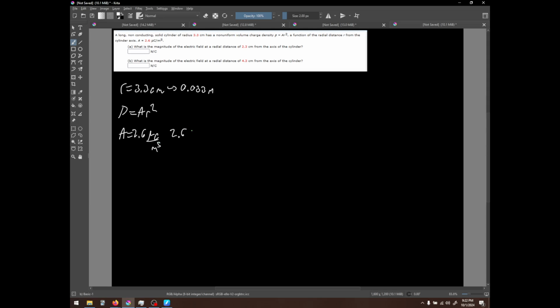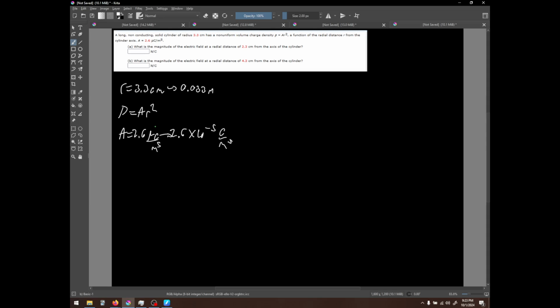So this is going to be 2.6 times 10 to the negative fifth coulomb per meter to the fifth. I hate all of that. I'm going to guess that this conversion's wrong. I just did it very simply. I didn't think too hard about it, and I don't have the capacity to think too hard about it.